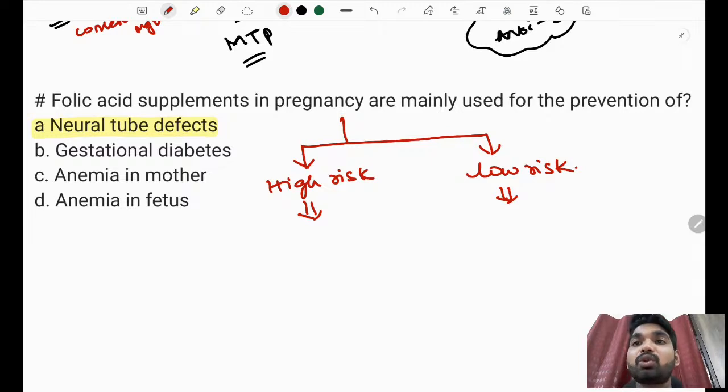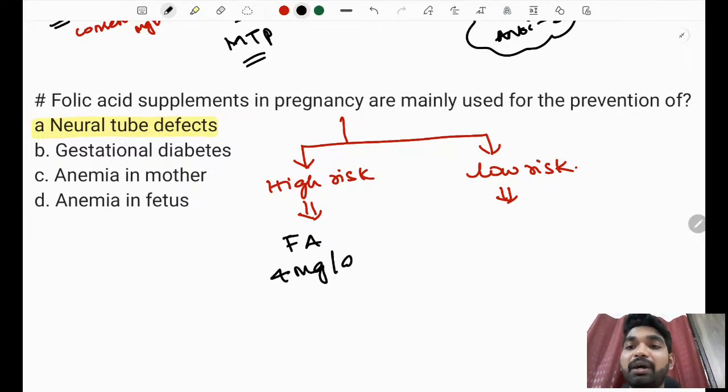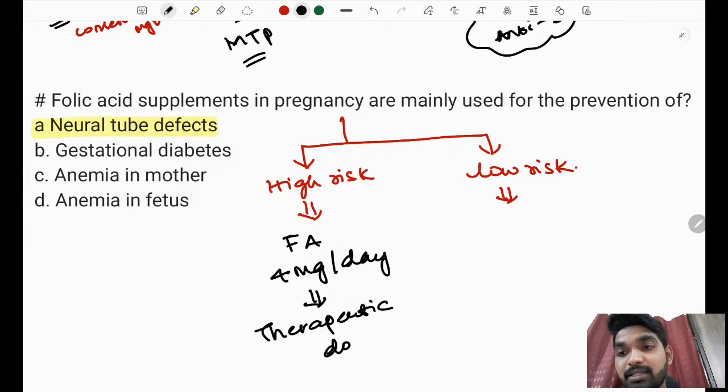In high risk, what folic acid are you going to give? The dosage is 4 milligrams per day. This is called the therapeutic dose.